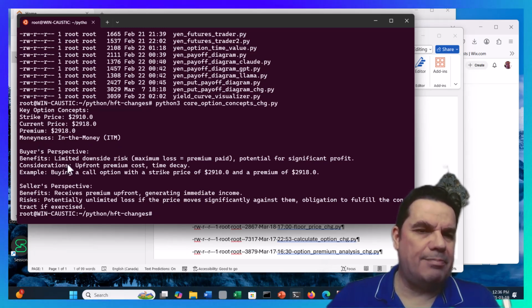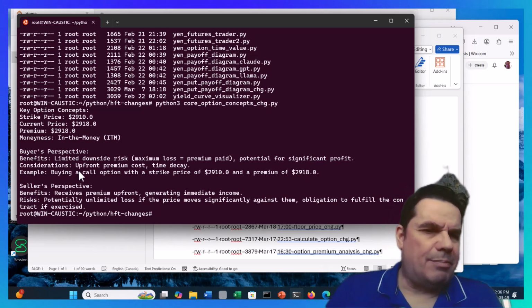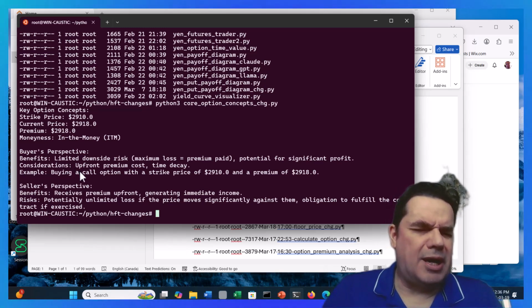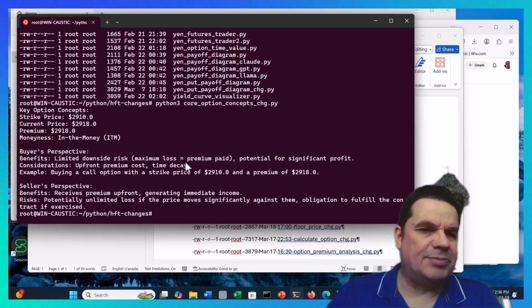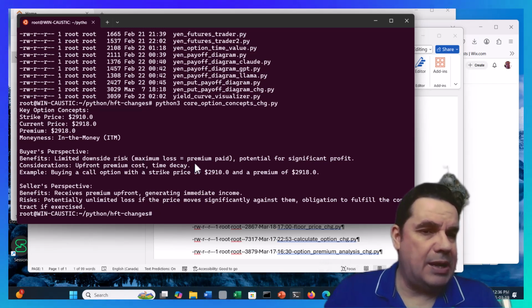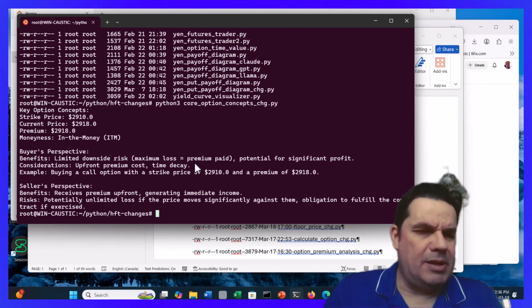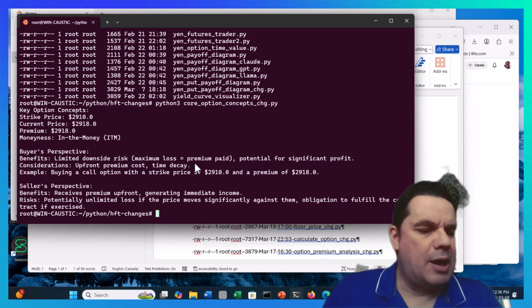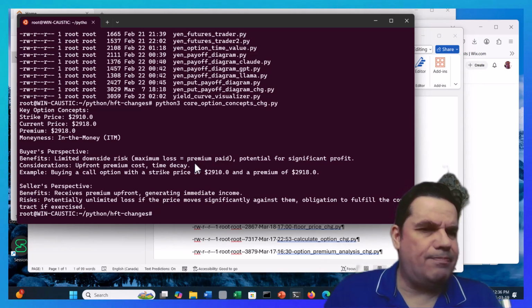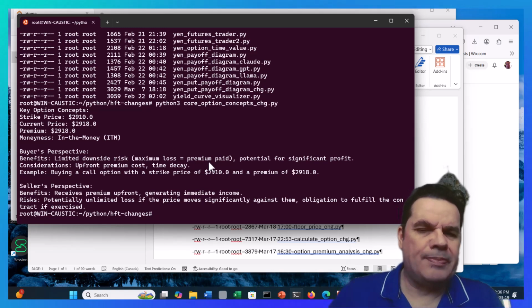We have to look at both sides of the trade. You're going to have a buyer and a seller participating in this trade. From the buyer's perspective, there's limited downside risk because your maximum loss is your premium paid. That's why I'm going to look at what the typical premium would be for micro gold, something really worthwhile to take a chance on.